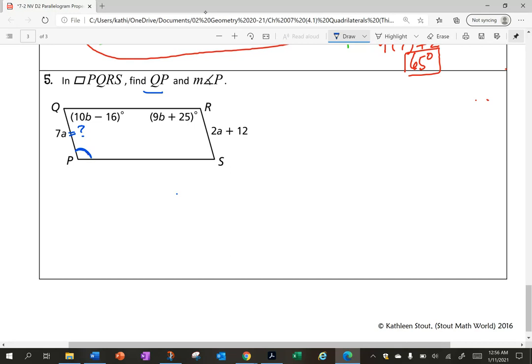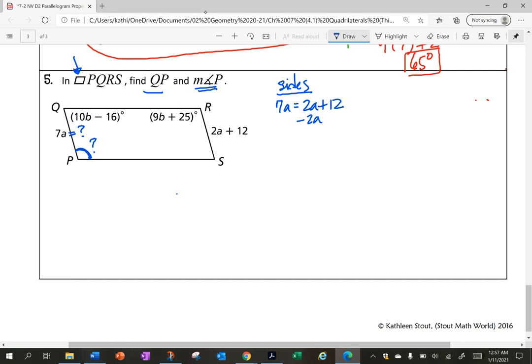Okay, so since I know I have a parallelogram, by definition, my opposite sides are congruent. So I can set up my sides equation to say 7a equals 2a plus 12.